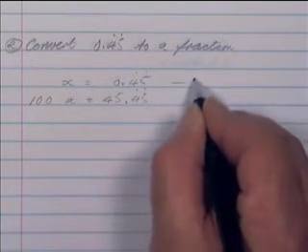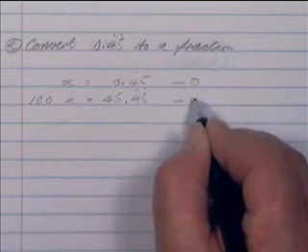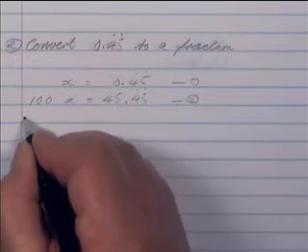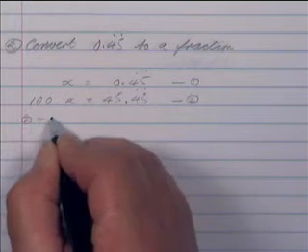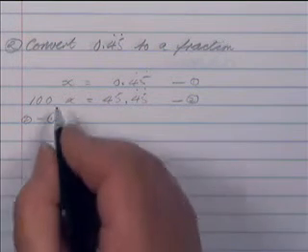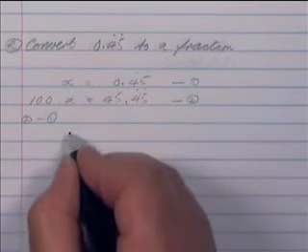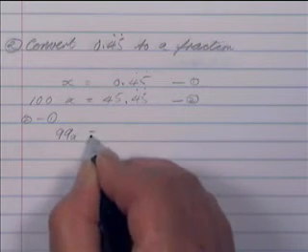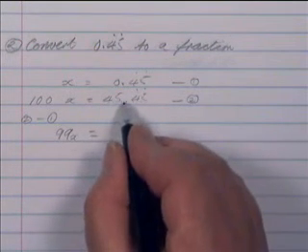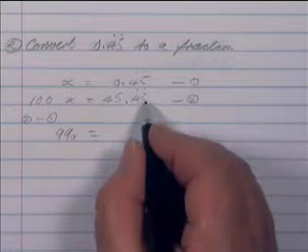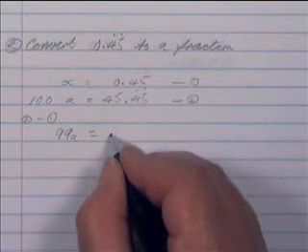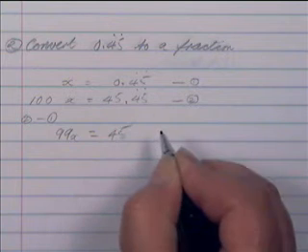Right, let's call that equation 1, call that equation 2 as before, and it's the same idea. Equation 2 take away equation 1. So 100x take away x gives me 99x, and that's equal to 45.45 recurring. Take away 0.45 recurring, so that's 45.